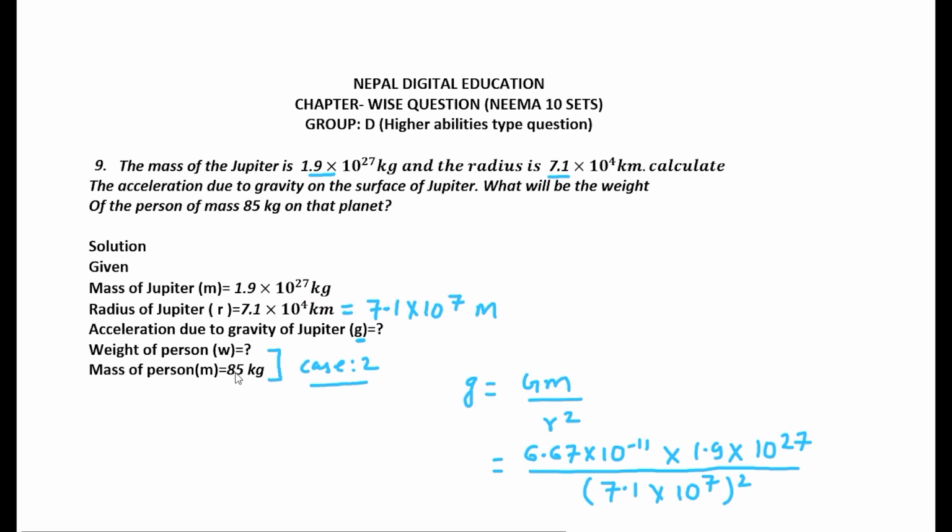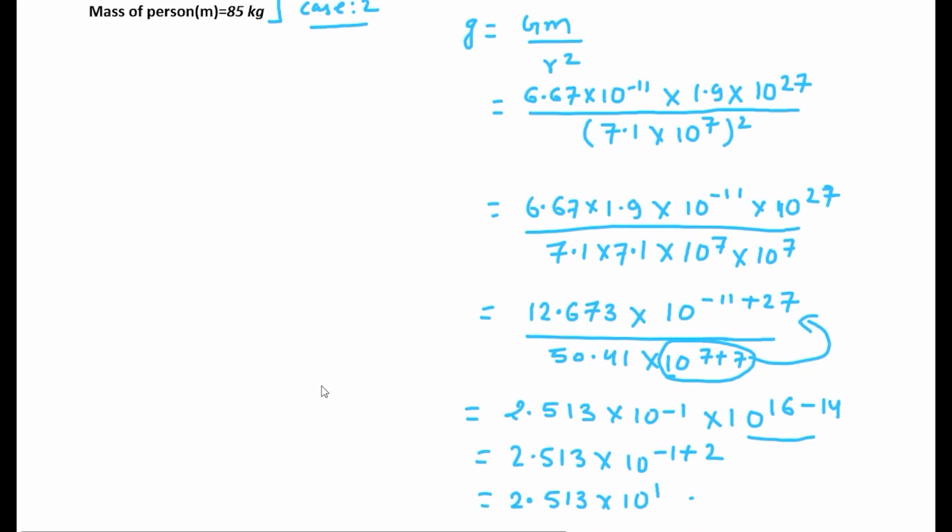The mass of the person is 85 kg and we have to find the weight, so this is case second. We know that weight equals mg. The mass is given as 85 kg, and the value of g is 25.13.